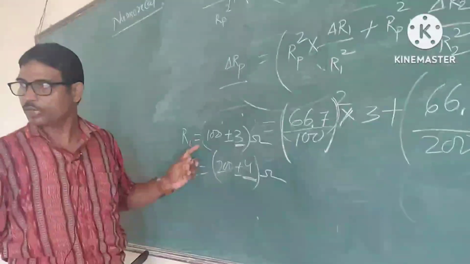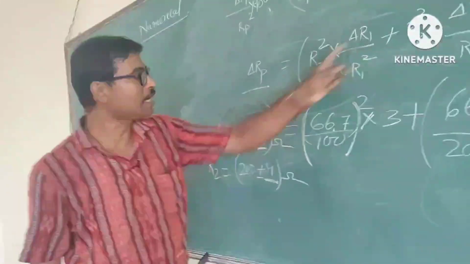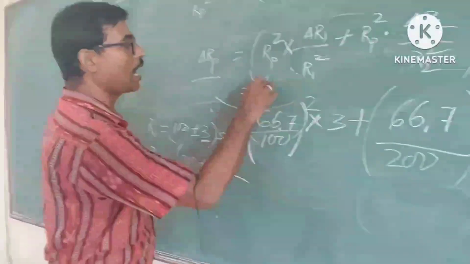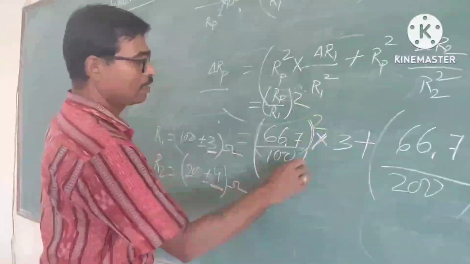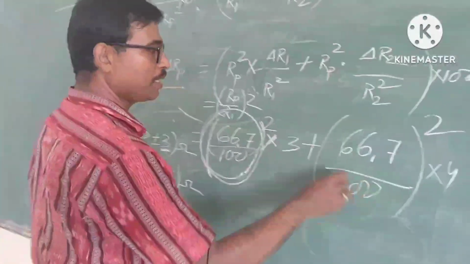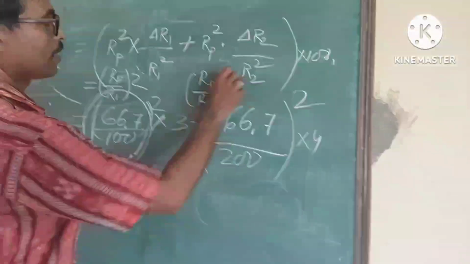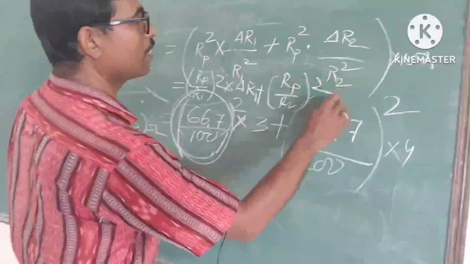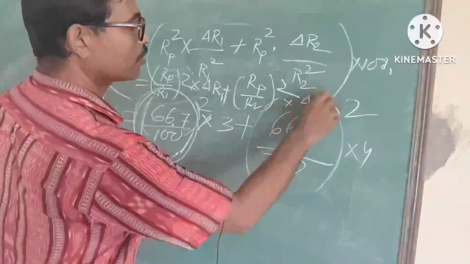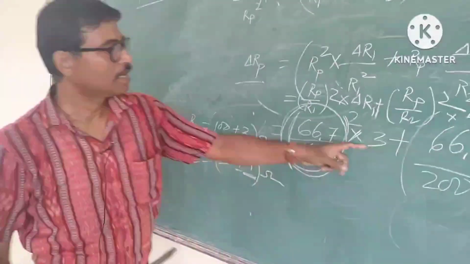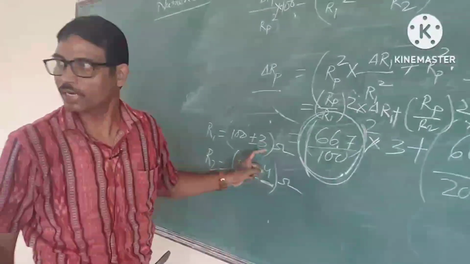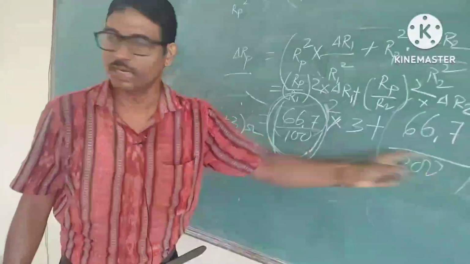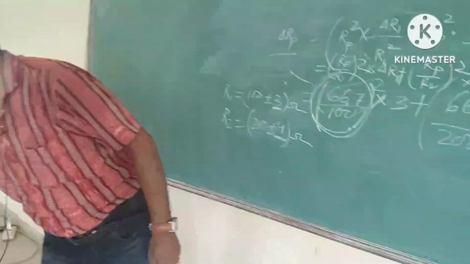It is the measured value and true value, so for delta R1 you have to use this one. Look at how it is arranged here, for those who did not understand: Rp by R1 square times delta R1 plus Rp by R2 square times delta R2. The value of Rp we have already got, 66.7.